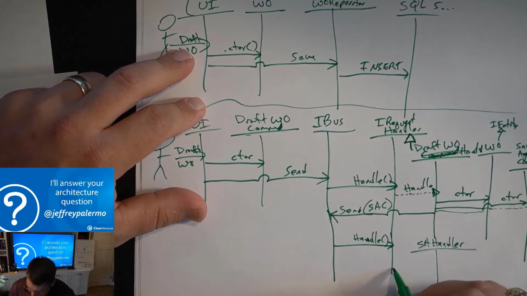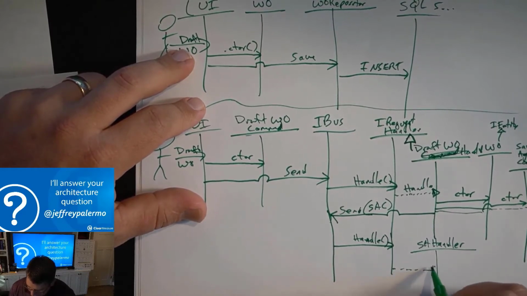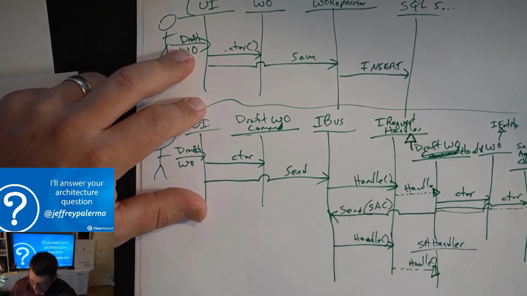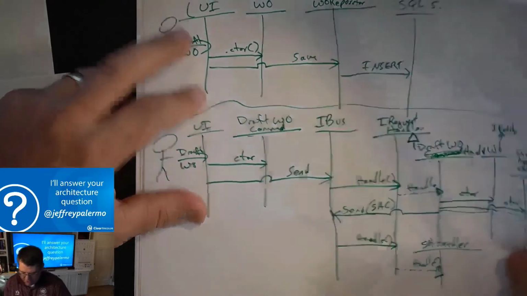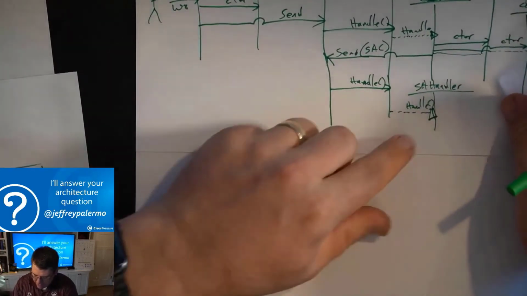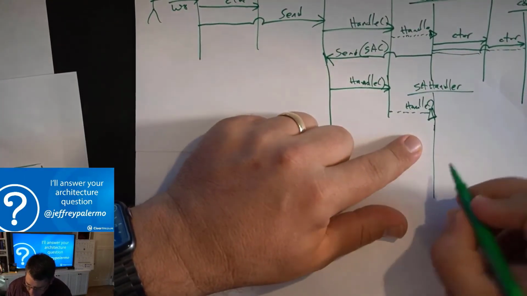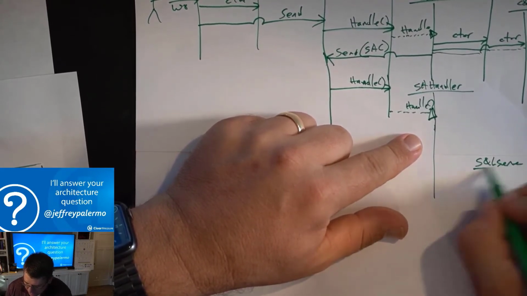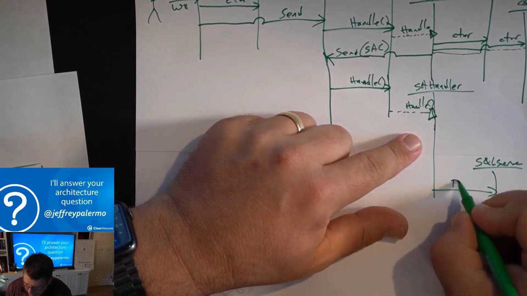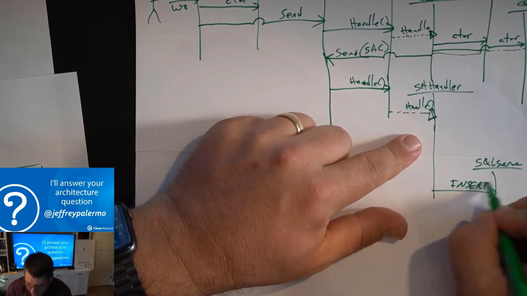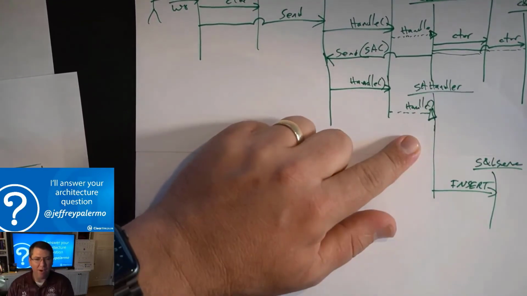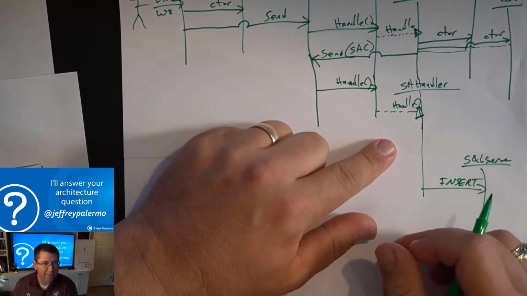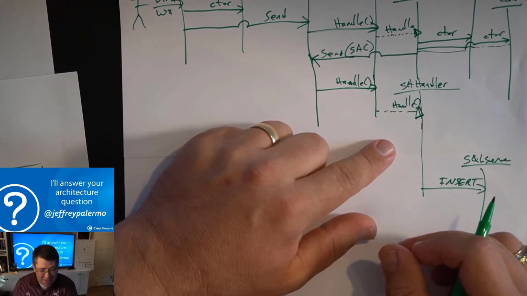And so in this case, this is how that relationship would work. It would implement the handle method. And then if I'm just going to extend this over here for drawing's sake, then we would have SQL Server. And then we would have an insert statement.